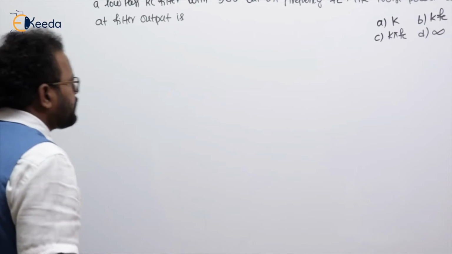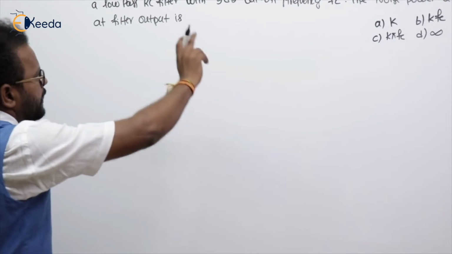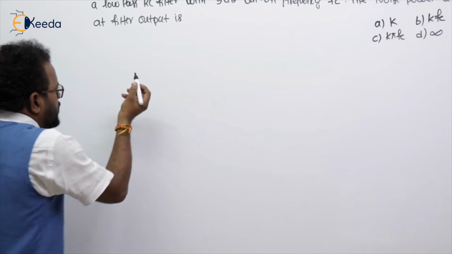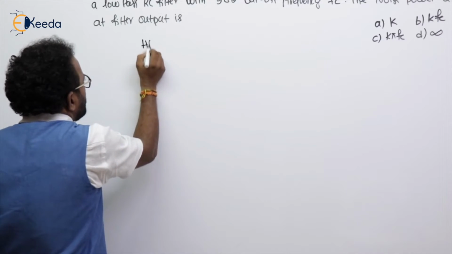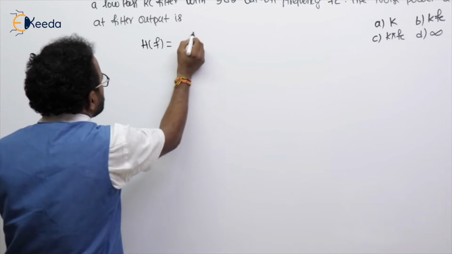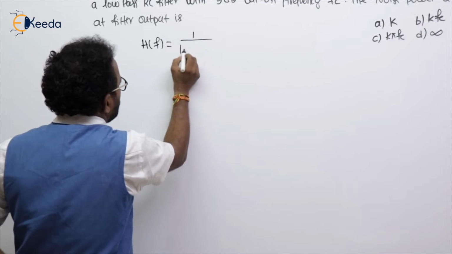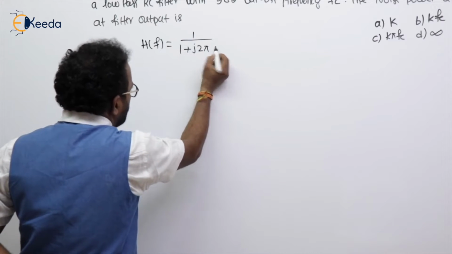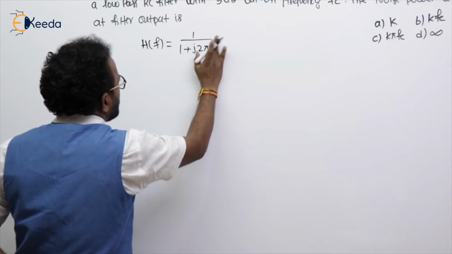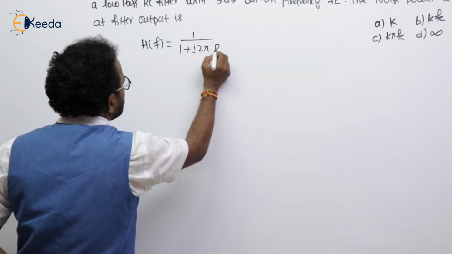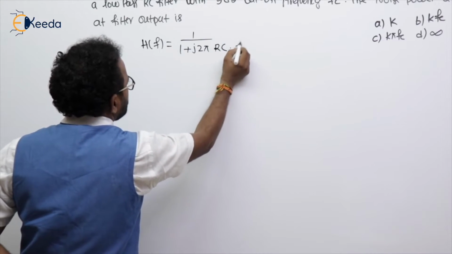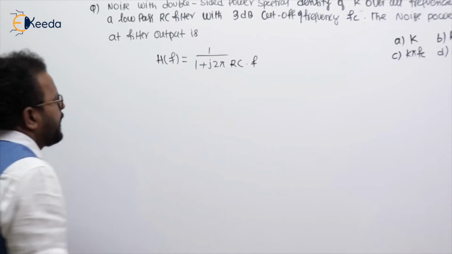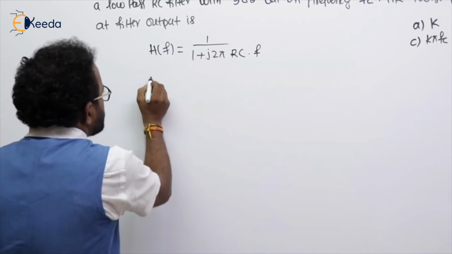We already know that it is passed through a low pass filter. What is the transfer function of a low pass filter? I can say the transfer function of a low pass filter is nothing but 1 divided by 1 plus j omega RC, and omega is 2 pi F, so 1 plus j 2 pi F RC, and a cutoff frequency FC is given.